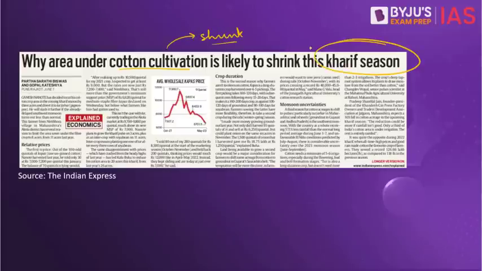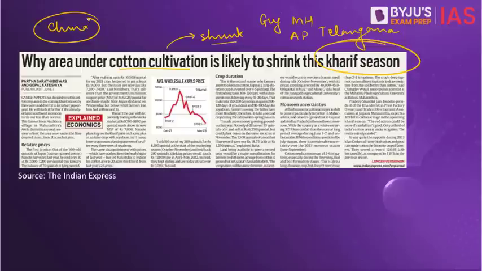Now cotton is a very important Kharif crop for India. The major states that produce cotton include Gujarat, Maharashtra, Andhra Pradesh, and Telangana. Now India is in a constant competition with China when it comes to being the top producer of cotton. Some years India is the top producer, while some years it's China.